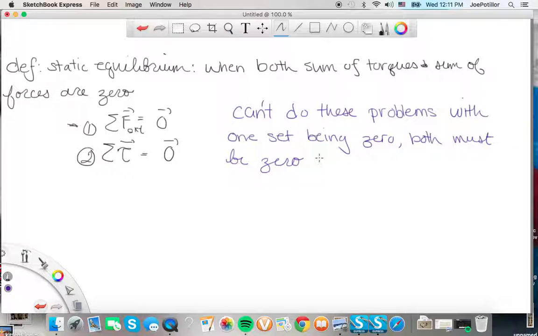Everybody ready for a simple example? Okay. It is also very important, before I move on, to discuss one more point: be very careful where you choose your axis of rotation.